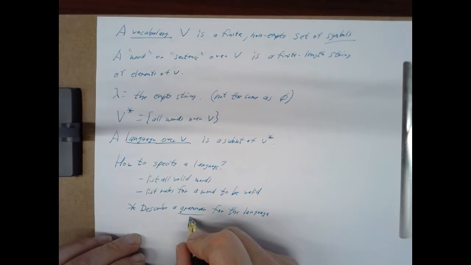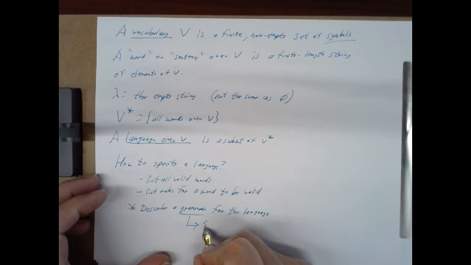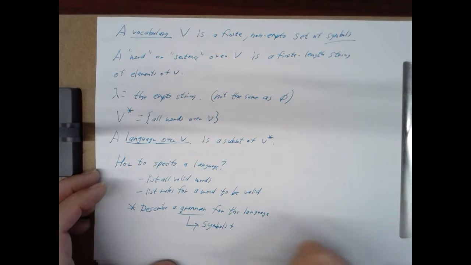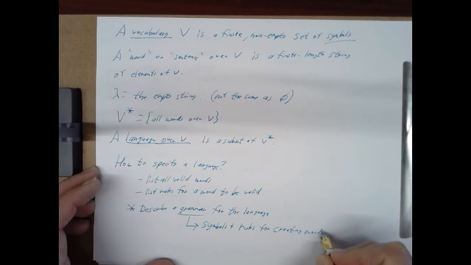And a grammar is basically some symbols and what we call rules of production, rules for creating words, which we call production rules.